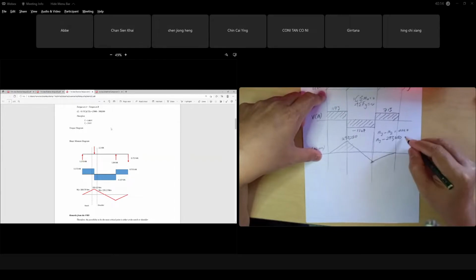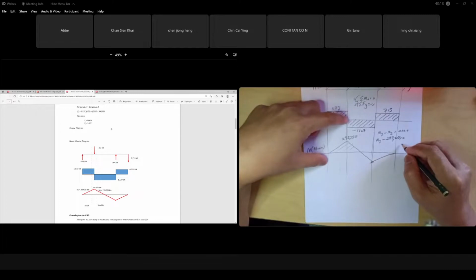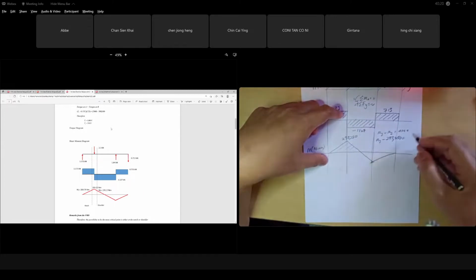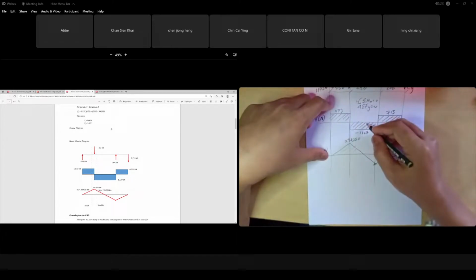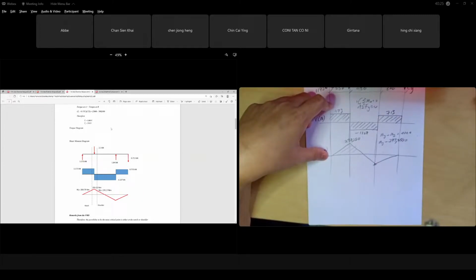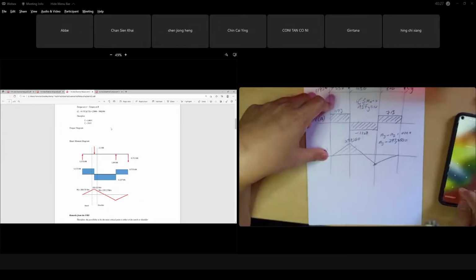M3 minus M2, M2 is 293,250 Newton millimeter, equal to area is negative. Area ni berapa? Area ni minus 1127 times 450. Berapa kelas? Tolong saya. Are you with me or not kelas?